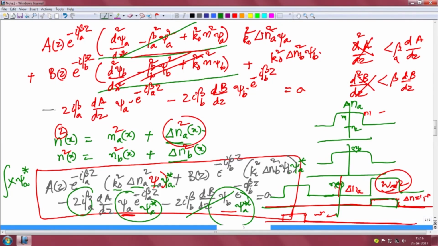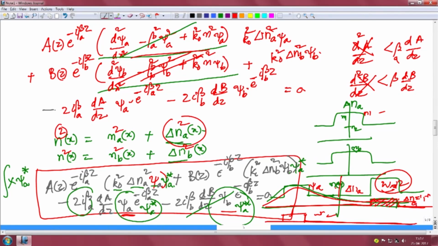In the case of psi a, we have the mode field psi a, once again one more psi a because we have multiplied there, and the delta n a which is in this region.